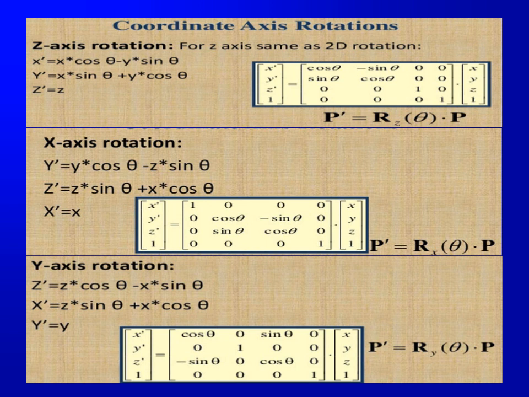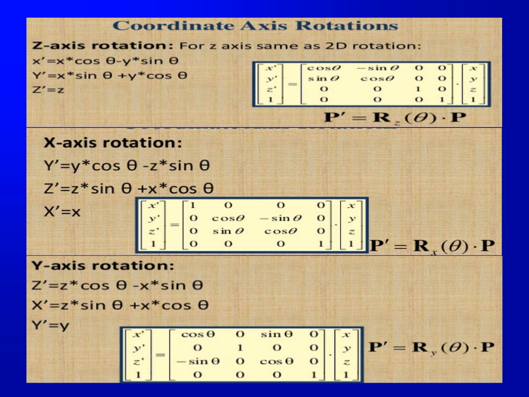So what is the equation? x dash is equal to x into cos theta minus y into sin theta, right? Then y dash is equal to x into sin theta plus y into cos theta, and z dash is equal to z, because this is a z-axis rotation, right?